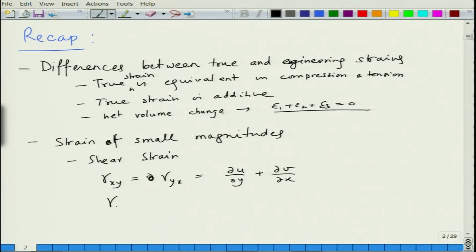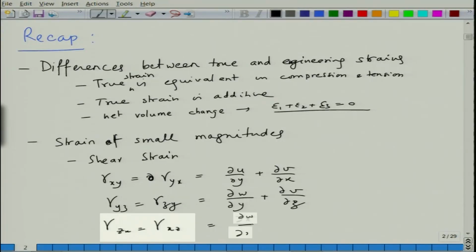Similarly, you can write gamma yz, which is equal to gamma zy, equal to del w divided by del y plus del v divided by del z. Similarly, we can write gamma zx, which is equal to gamma xz, equal to del w by del x plus del u by del z.